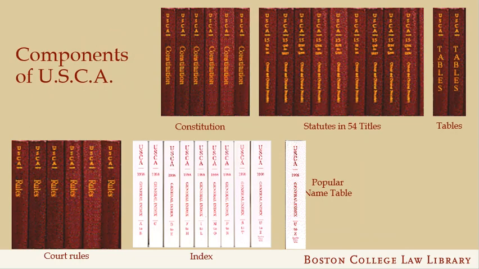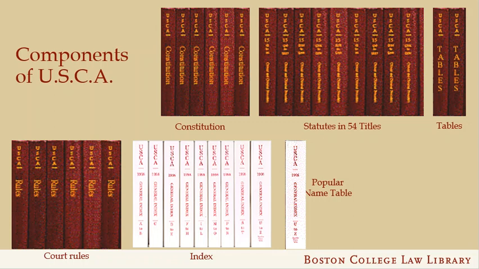Let's take a look at the components of the United States Code Annotated set. State codes and other federal codes will generally have the same elements and follow very similar organizational patterns. Typically, the constitution of the jurisdiction will be first, then the actual statutes arranged by subject. The U.S. Code is broken into major subdivisions called titles, and there are currently 54 titles in the U.S. Code, but other codes may use different terminology for its major subdivisions.